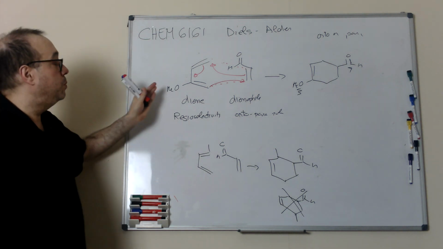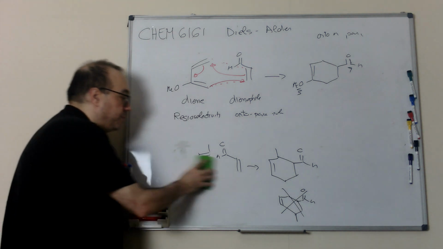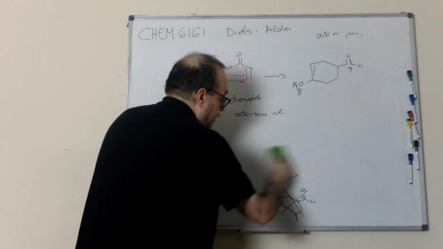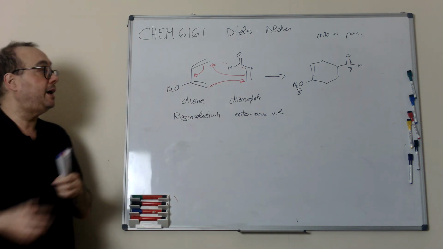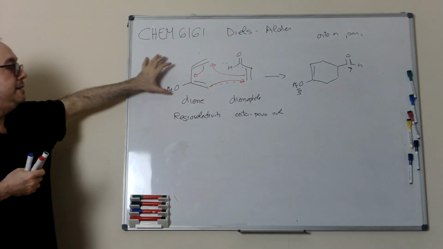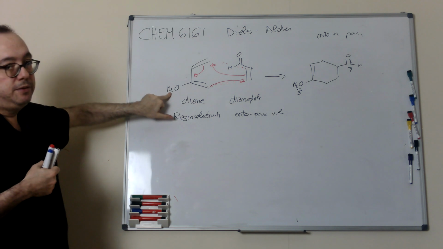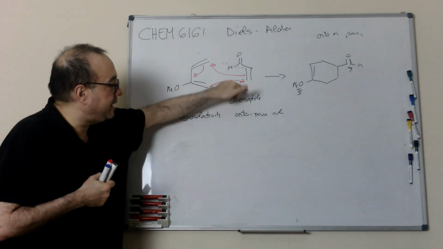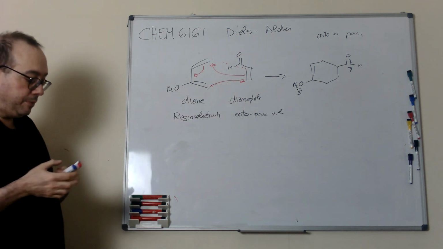Another way to know the regioselectivity of these compounds in the Diels-Alder is when we have a very differentiated electronically diene and dienophile. This diene is electron rich. We have a methoxide. This dienophile is electron poor because we have a carbonyl group.